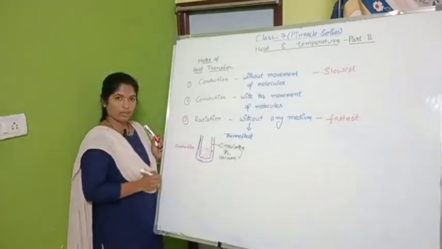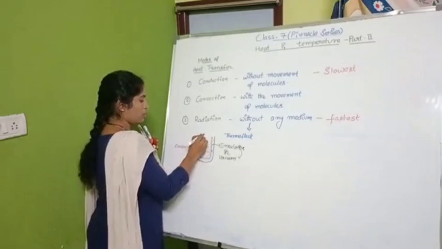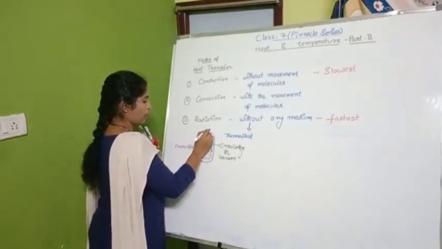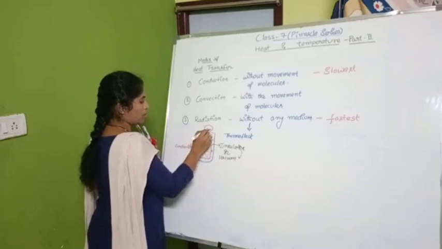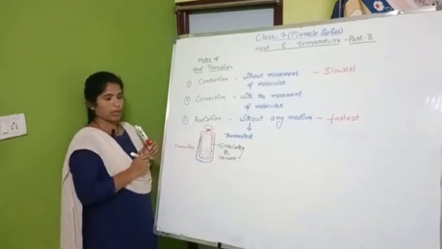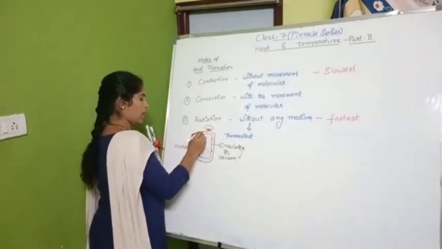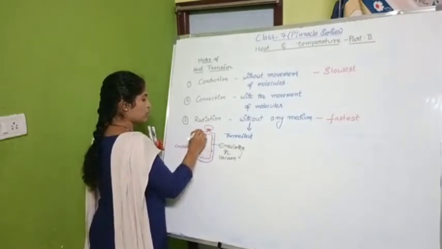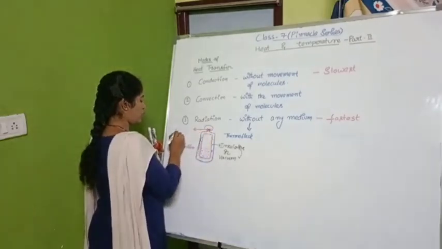And we will have a cap, which may be of rubber or plastic, right? Why? This cap will reduce the loss of heat through convection, right?